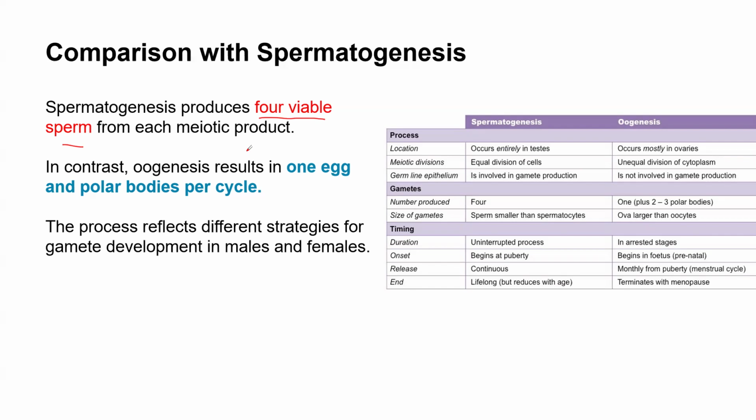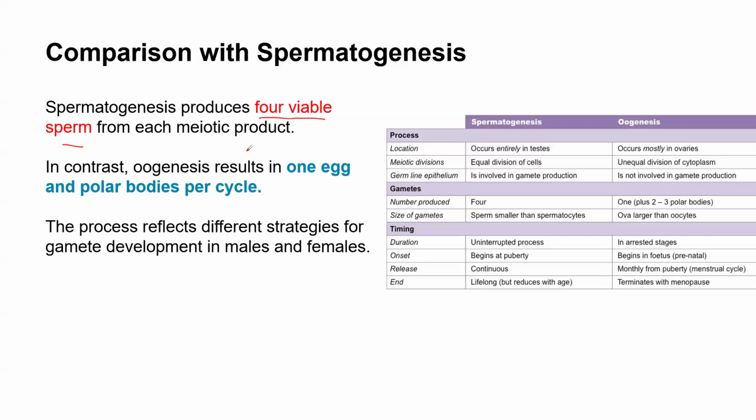For the meiotic division, spermatogenesis has an equal division of cells, while in oogenesis there is an unequal distribution of cytoplasm, where the egg contains a large portion of the cytoplasm and the polar bodies contain minimal cytoplasm. The germline epithelium is involved in gamete production in spermatogenesis, while in oogenesis it is not involved in gamete production.